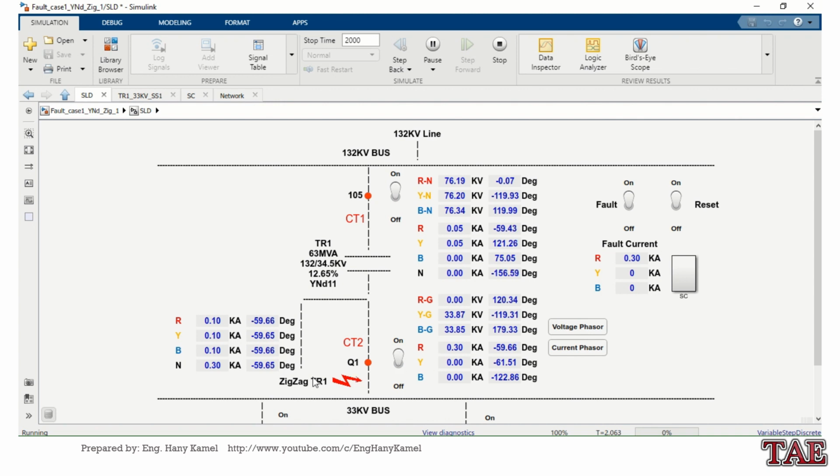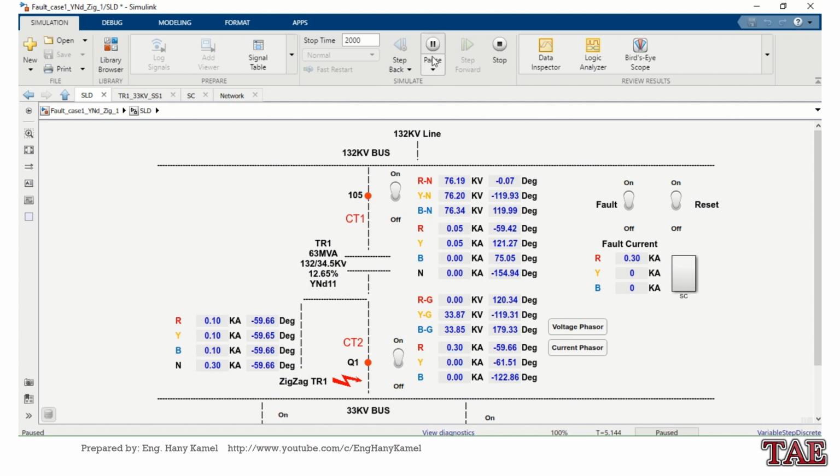So we are expecting zero sequence, and sensitive earth fault protection; regarding the phase current, it will depend on the setting. This current is small because the zero sequence impedance of the zigzag transformer is high.